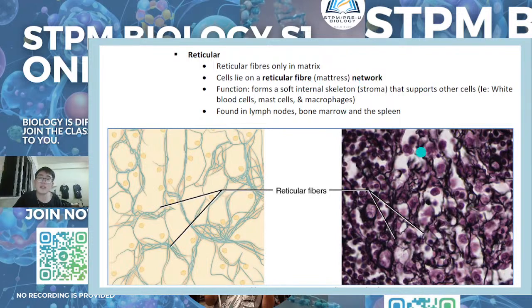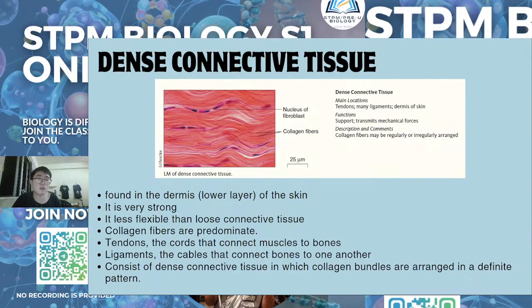And then normally its function is to form a soft internal skeleton, stroma, that supports the other cells, like white blood cell, mast cell, and macrophage. So it is to support all these cells. Normally it is found in the lymph node, bone marrow, and the spleen. Normally in the lymphatic system, you can find it there. Okay, so this is reticular tissue.